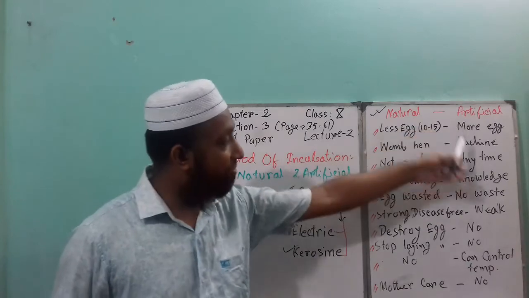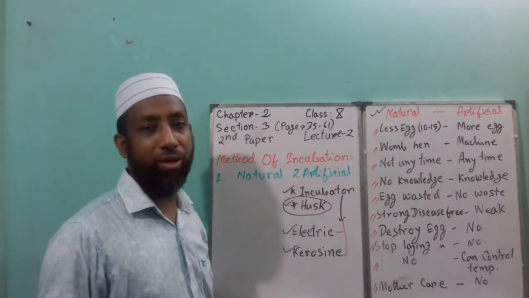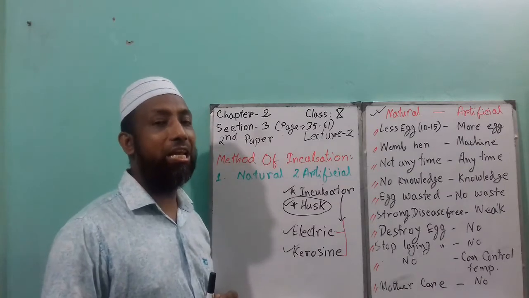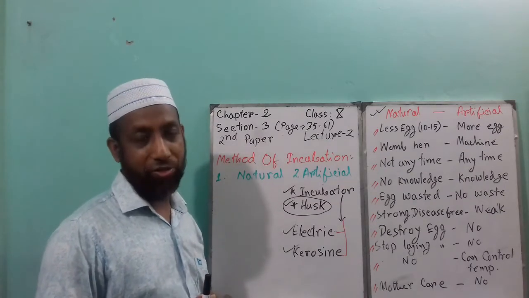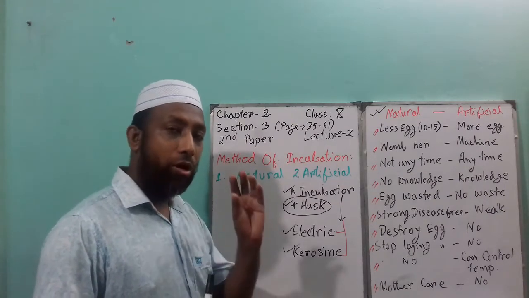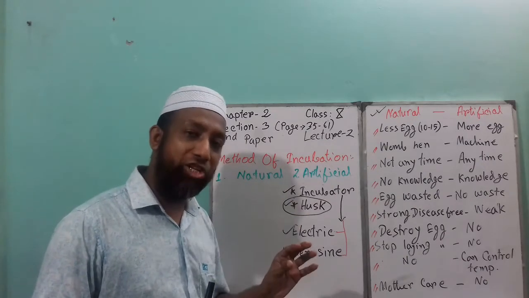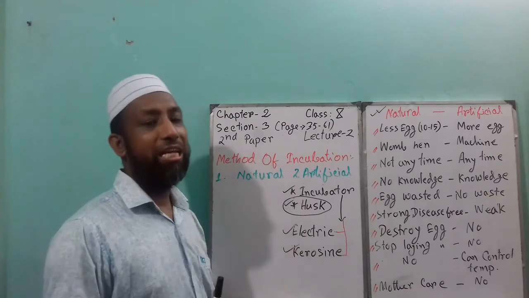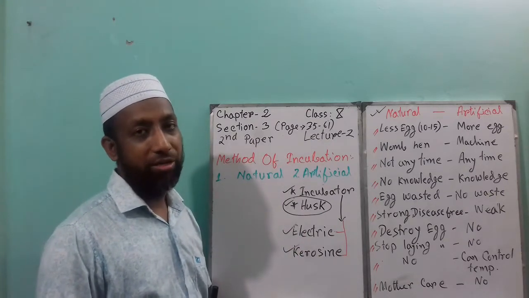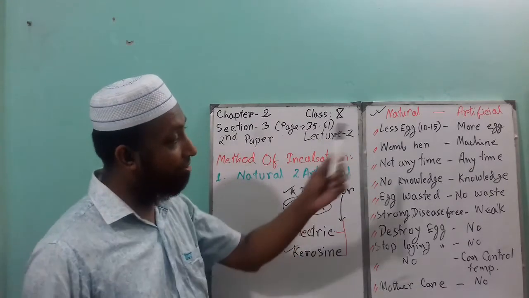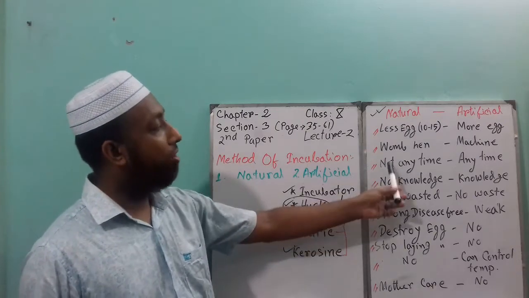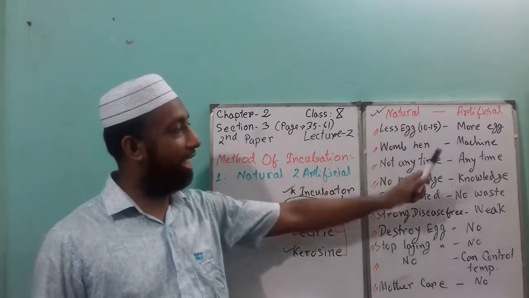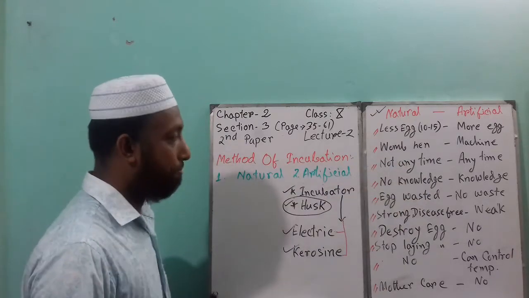But in the artificial method, you can do it anytime. We know that about 20 to 21 days are needed for hatching a chicken egg. If you put the eggs inside the machine, after 20 or 21 days you will definitely get baby chicks. So this is the process of the artificial method.